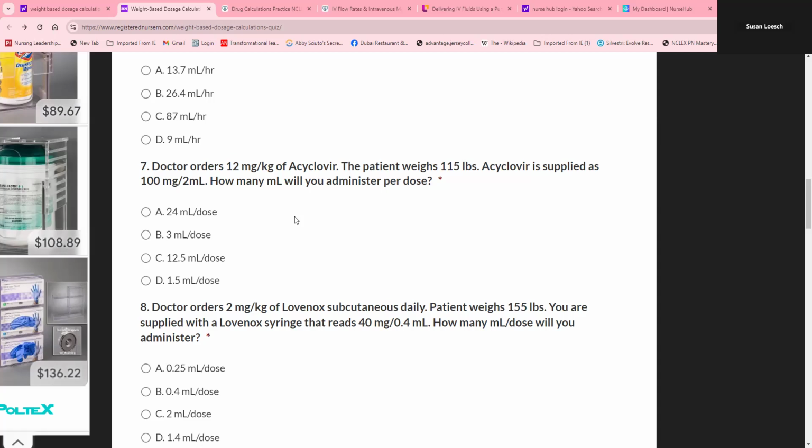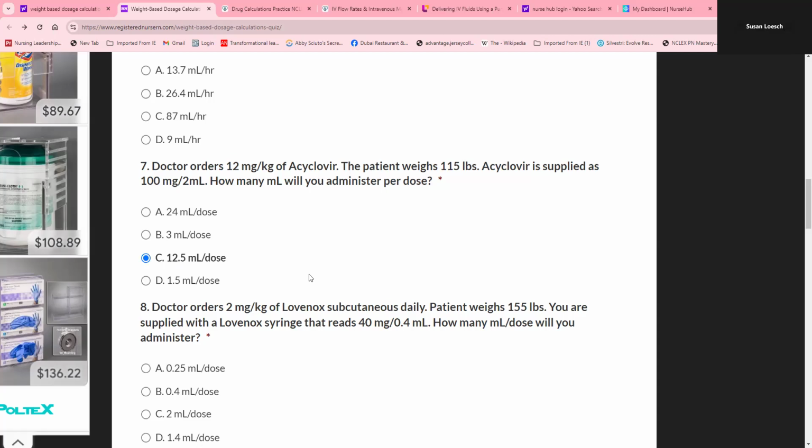So you take that 627, whatever it is, divide it by 100 because you have 100 per 2 mLs, and then multiply it by 2. That should give you 12.54, which would round to 12.5. Is it up there? Yes. Then you just did the math right. You're a rock star.